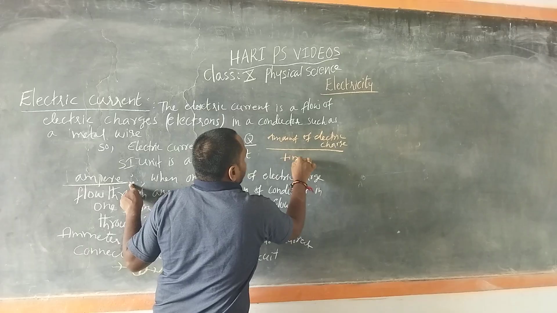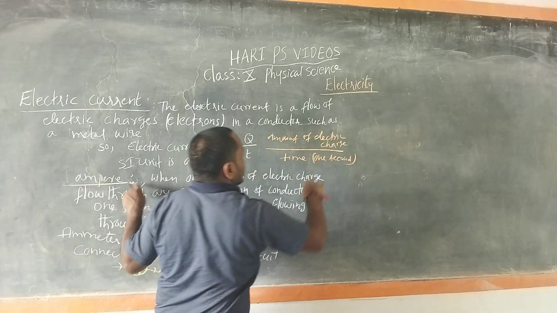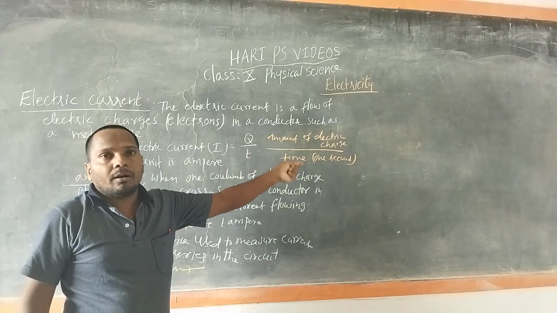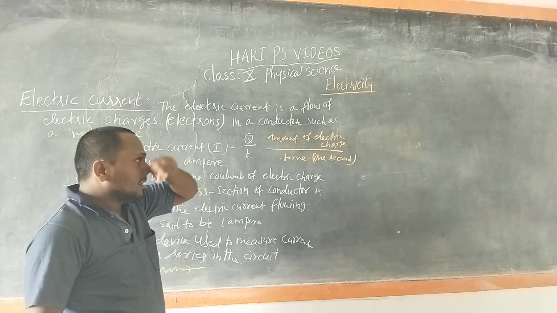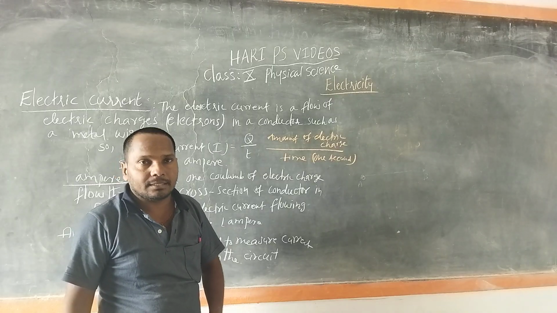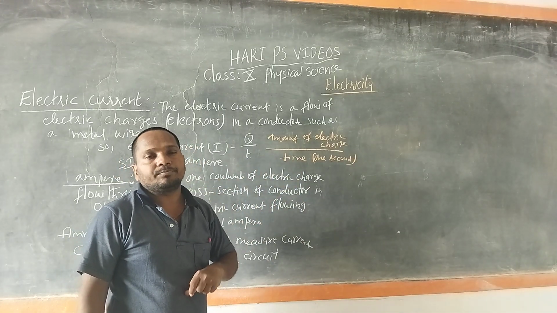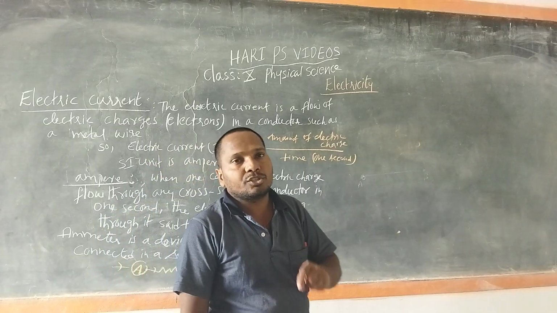How much electric charge passes through a metallic conductor in a second is called electric current.